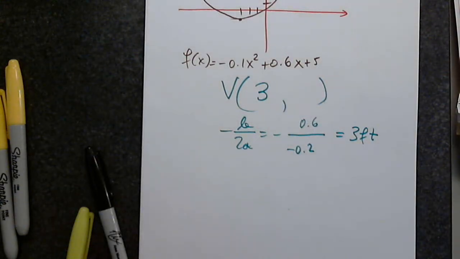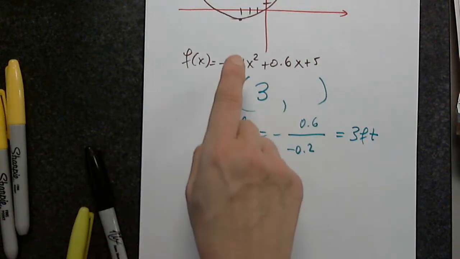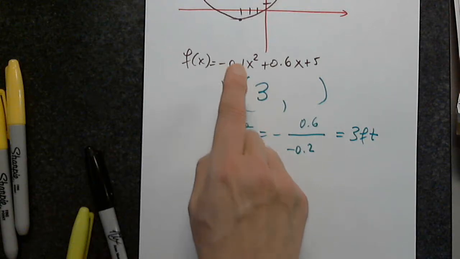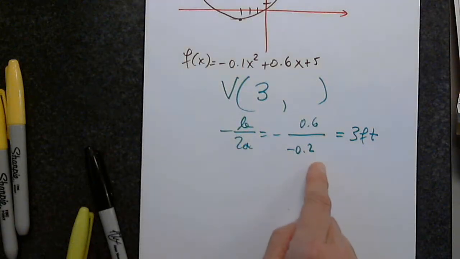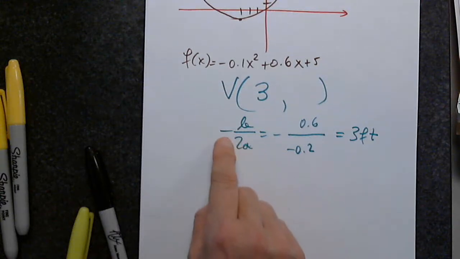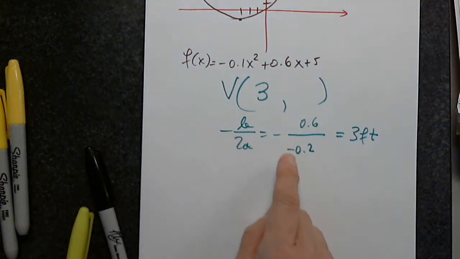I'm sorry? 2 times a. a is negative 0.1, times 2 is negative 0.2. The negative in front from the formula with a negative in the denominator. You should always.